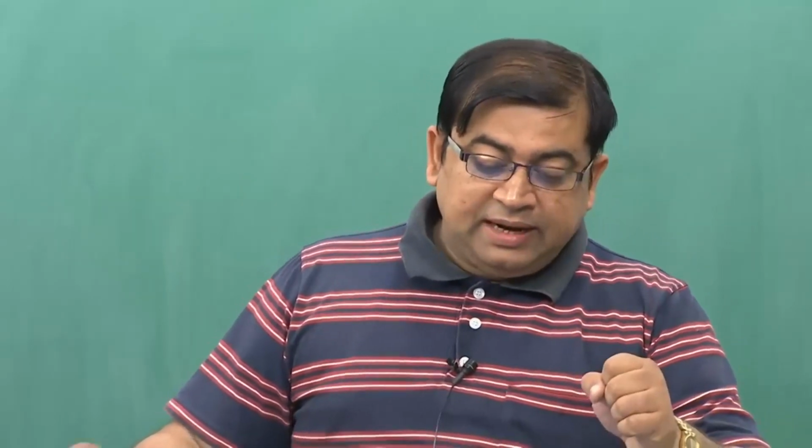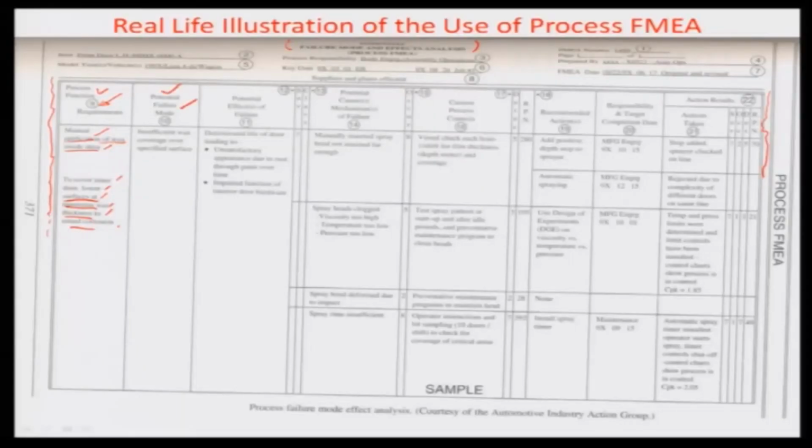So the problem that has been identified, or the potential failure mode that has been identified, which in fact creates rusting of the components, it's a very big problem, is that the wax coverage on a specified surface is not appropriate or is insufficient.